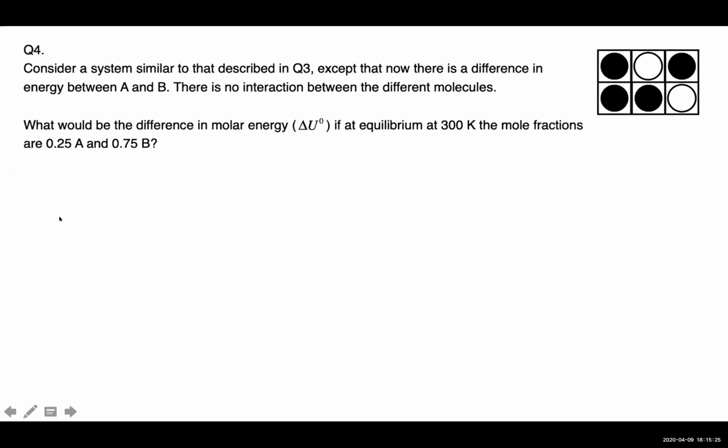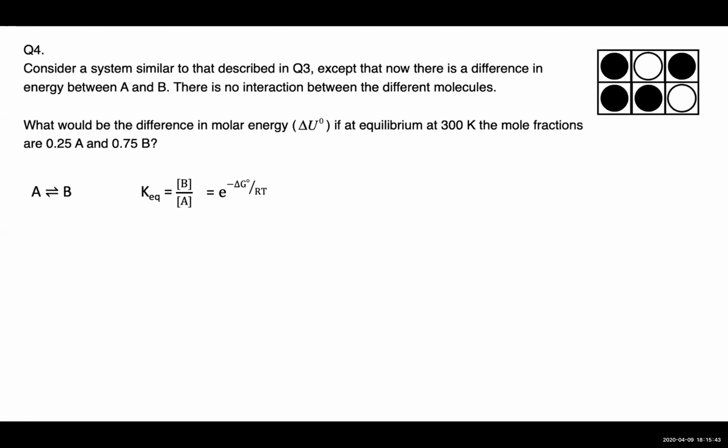If we look at the interconversion A to B, the equilibrium constant would be the concentration of B over the concentration of A, and that's equal to e to the power of negative delta G over RT.